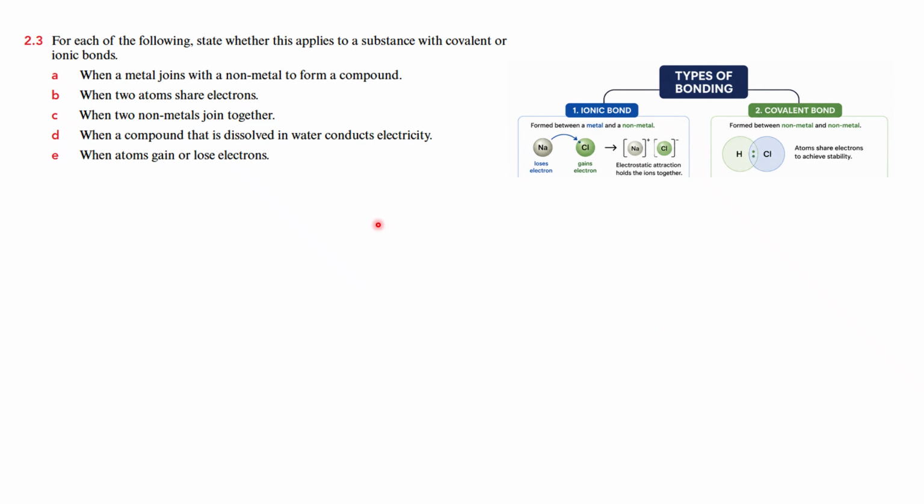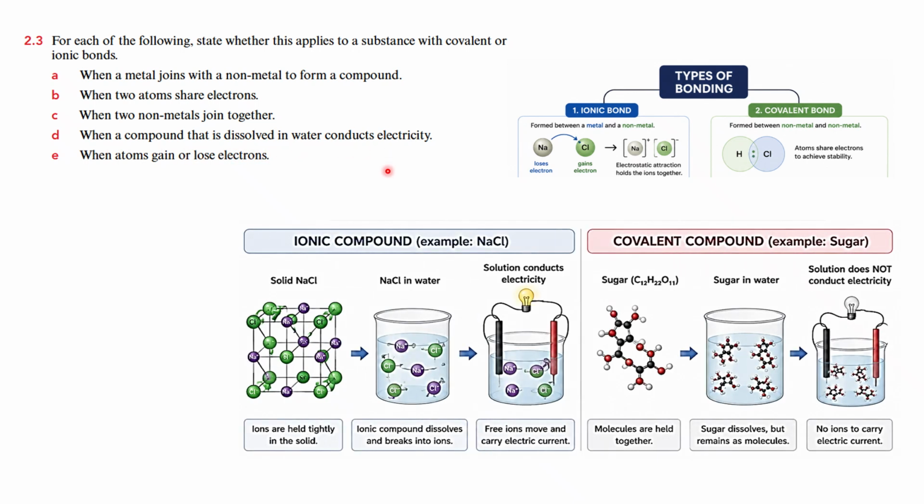Now the next question is when a compound that is dissolved in water conducts electricity. So when we have a compound which is completely dissolved in water and then it conducts electricity, what type of bonding will it show? To understand this question, I have taken two examples. Here I have dissolved NaCl in water. Na is sodium, and Cl is chlorine.